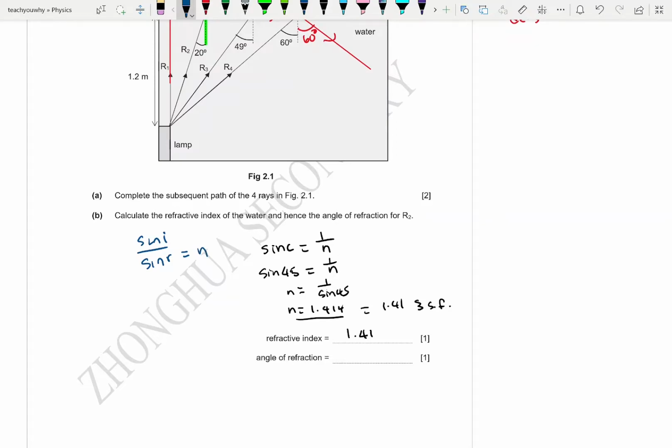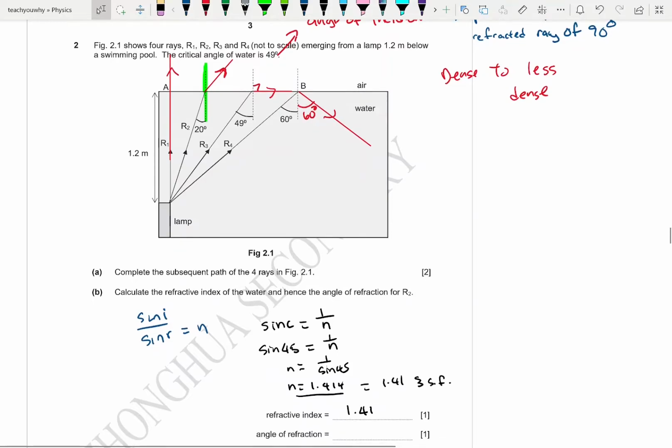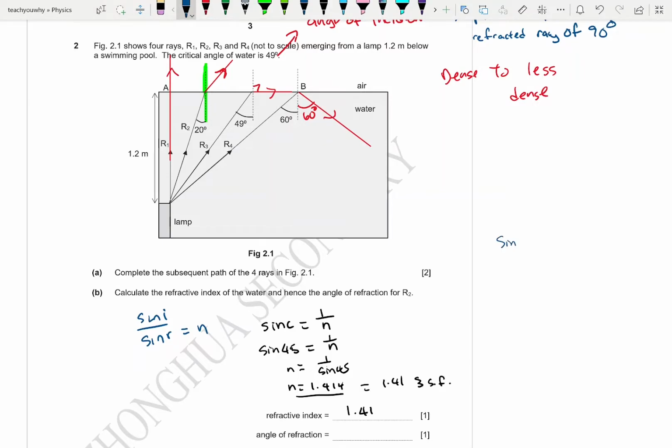Why can we not use sine I over sine R? Because sine I over sine R is only used when the light goes from less than to more than.